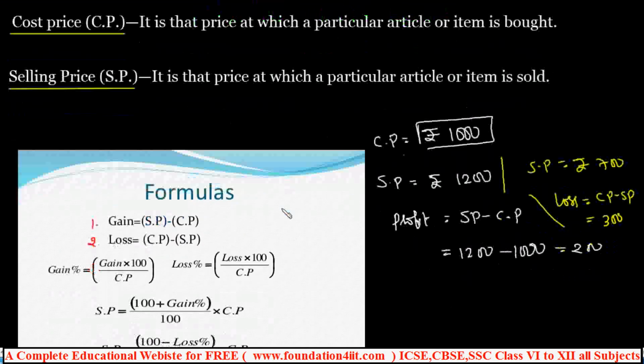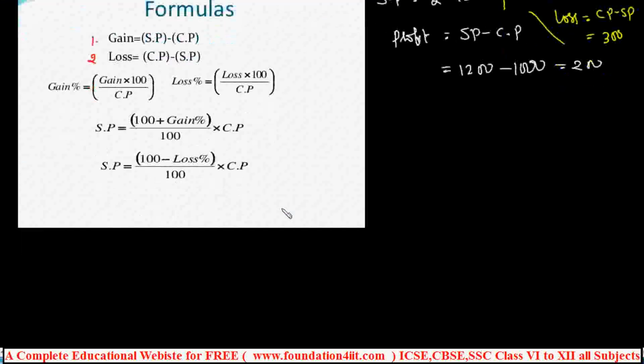Next, the main thing: the other four formulas. One is gain percentage and loss percentage. So how to find out the gain percentage and loss percentage? Gain percentage is gain into 100 by CP, and loss percentage is loss into 100 by CP. Gain or profit is the same.